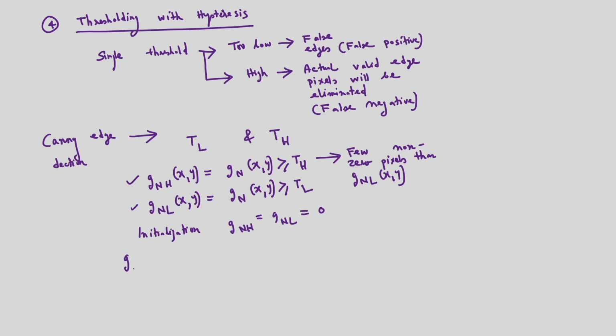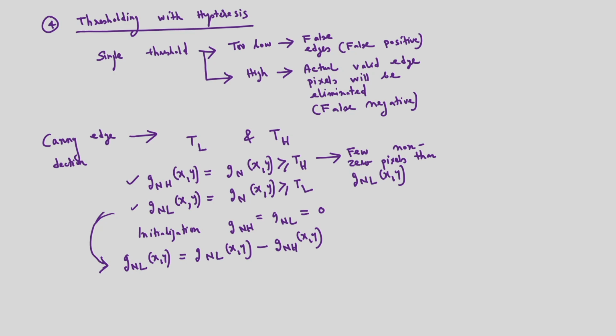In another step I can consider G_NL(x,y) equal to G_NL(x,y) minus G_NH(x,y). What is the meaning of this?